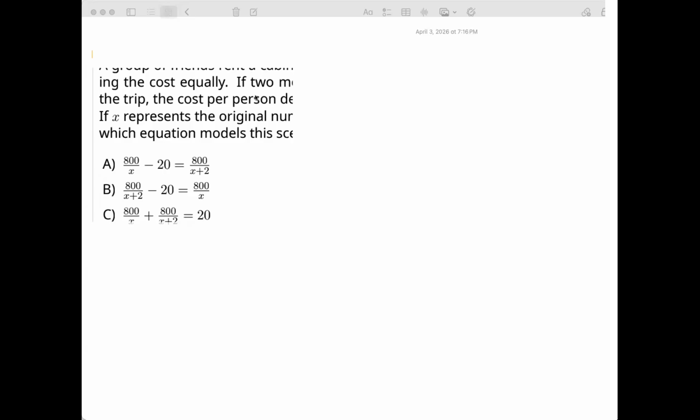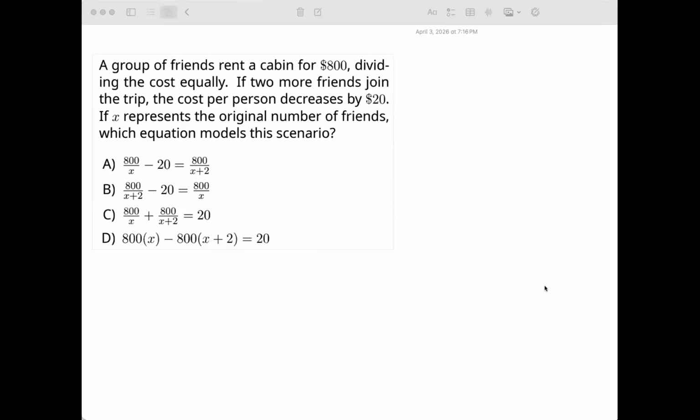Not a hard one, but send the answer to me. Is that right, Rishit? That was for the previous problem.